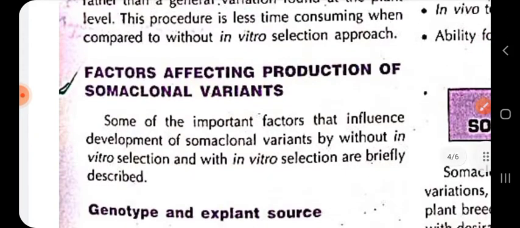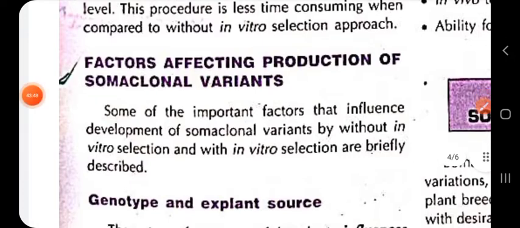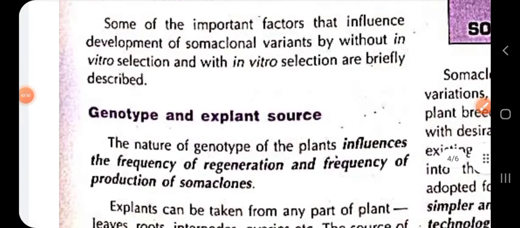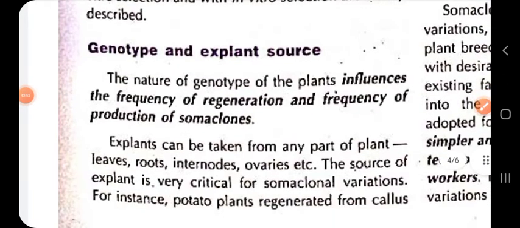Now, what are the factors affecting the production of somaclonal variation? Let us see. First is genotype and explant source. What type of genotype we are using depends on your somaclonal variation.